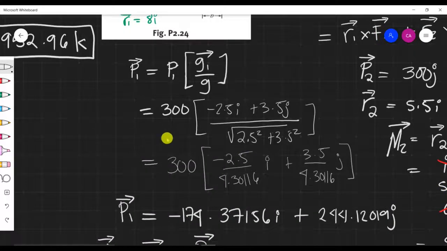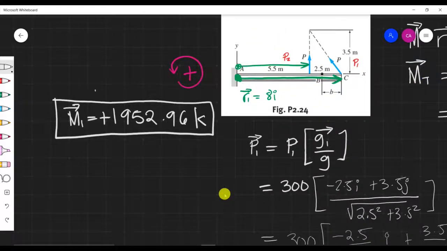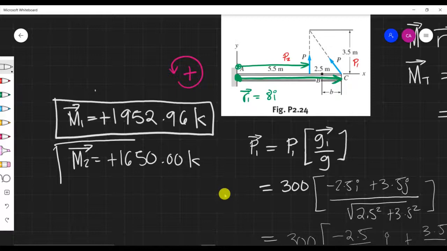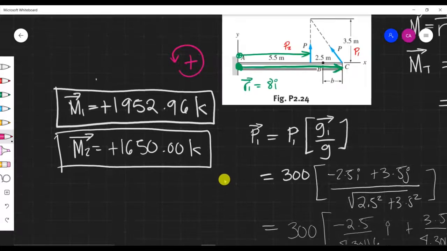Alright, so check natin kung positive nga naman talaga. So, M sub 2 is equals to positive 1,650K, vector yan. Okay? Pag chinek natin, dahil dun sa point P, meron nga naman talaga siyang positive rotation. So, tama yung sign. And since kung tama naman yung pagpipindot natin sa calcu, tama rin yung mismong quantity. And yung K is rotating sa axis K.